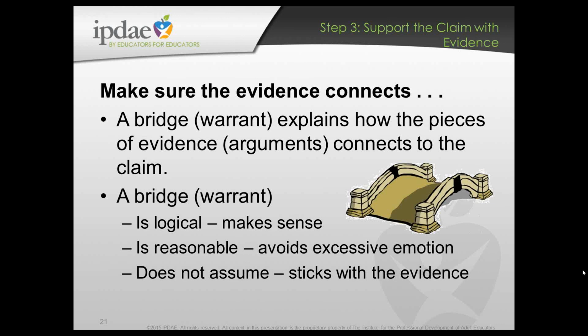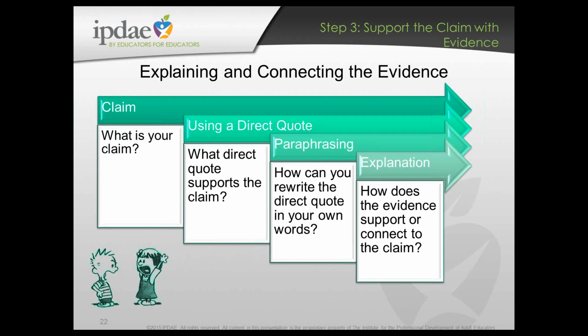And I think, Bonnie, you have a really great little graphic on the next slide that really comes through and shows how all these pieces actually connect. And this is kind of the thinking process that students need to go through as they're working on this. They've got their claim. Now, find a direct quote that supports that claim. We're not going to use it in the final analysis, but find that direct quote and then come back and paraphrase.